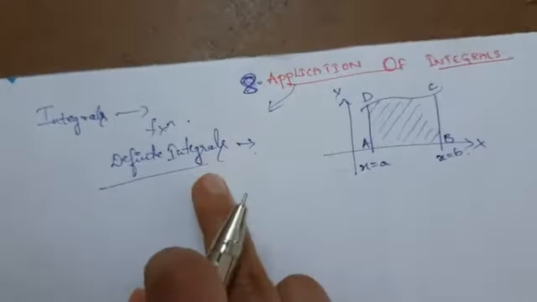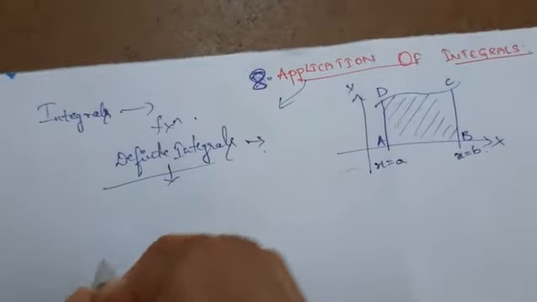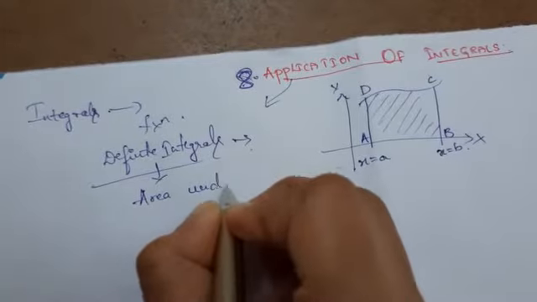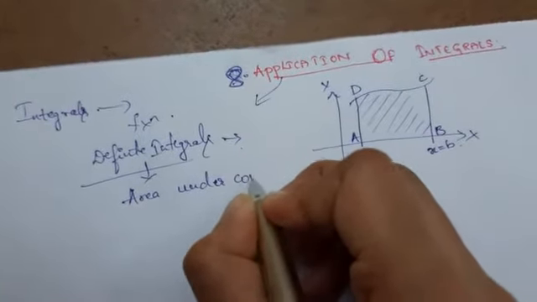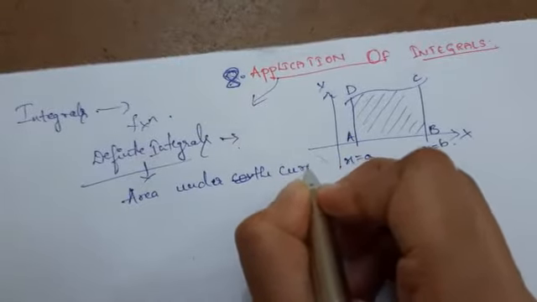So what was the definite integral saying? The definite integral was saying that the area under the curve will give us the definite integral.